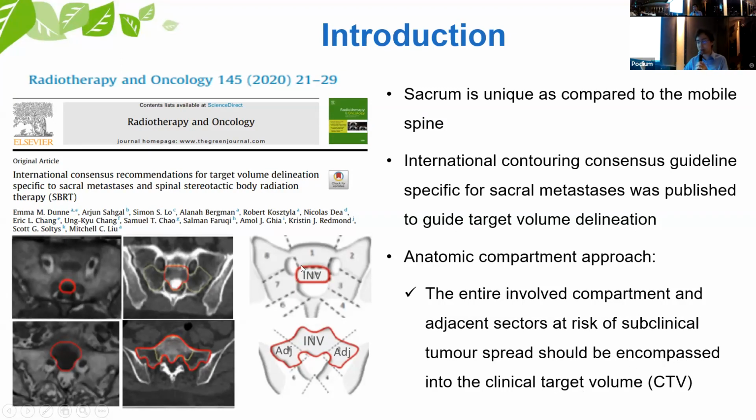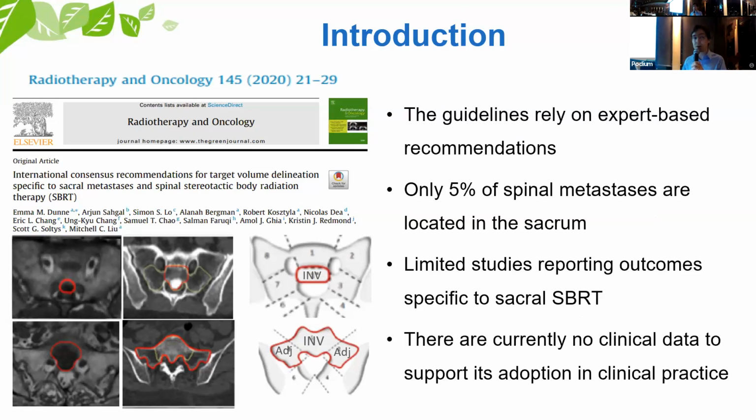So essentially, if I have a tumor located in here, I should not treat only the tumor that I see, but I need to have a more comprehensive approach and include the adjacent bone at risk of subclinical tumor spread. The point is that the guidelines rely on expert-based recommendations, and as only 5% of spinal metastases are located in the sacrum, there are limited studies reporting outcomes specific to sacral SBRT, and therefore there are currently no clinical data to support its adoption in clinical practice.